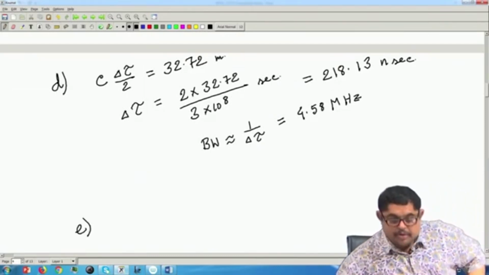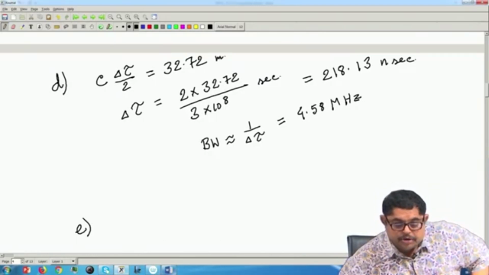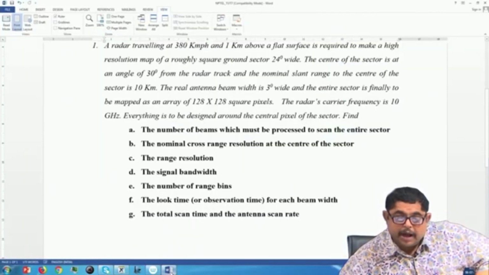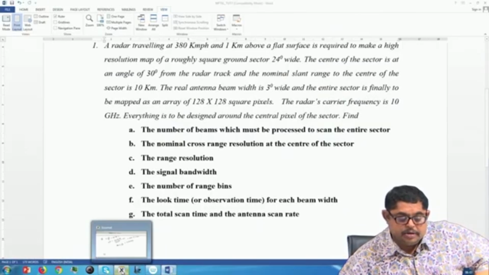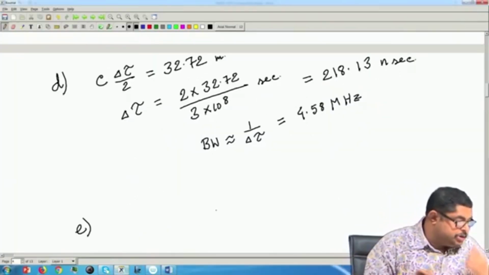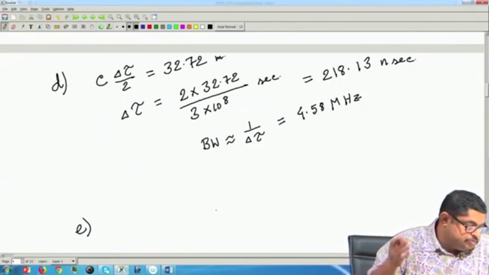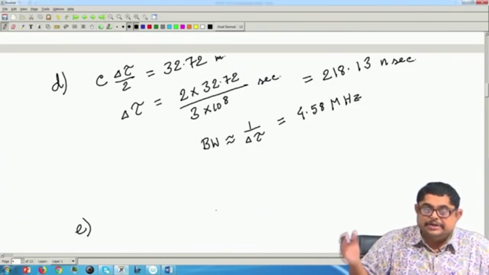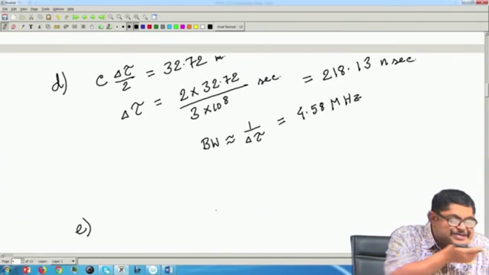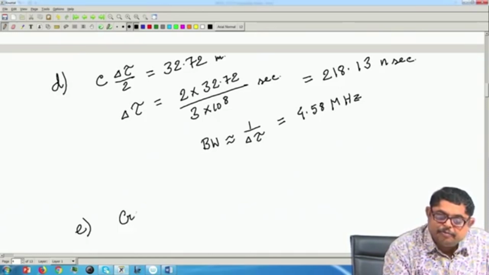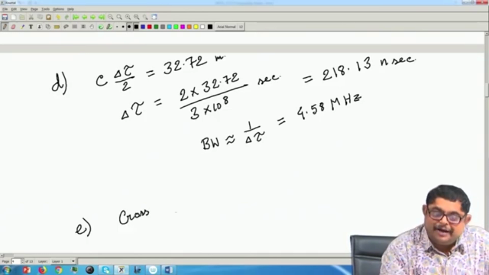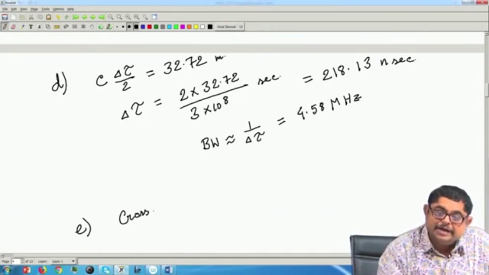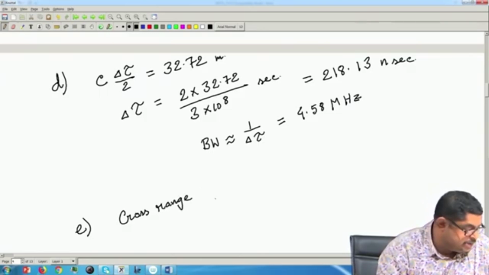Then what is the next portion? E, the number of range beams. The number of range beams will be the same, 128, as stated, but you can also calculate that. Directly you can write 128, because it is said that 128 range beams will be there, but let us see from cross range, everything is given.